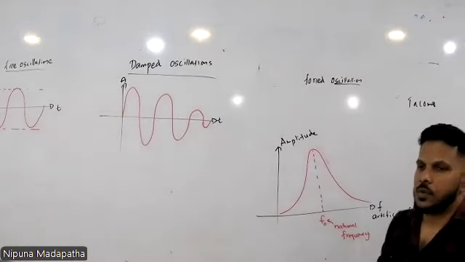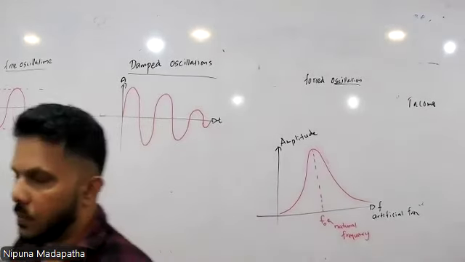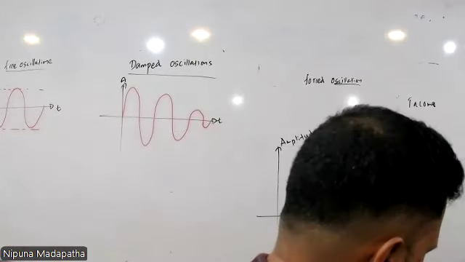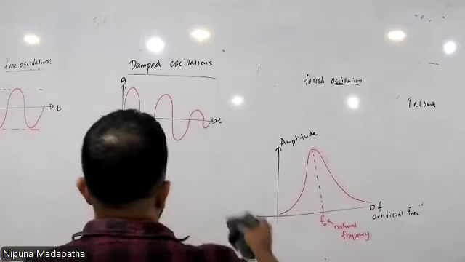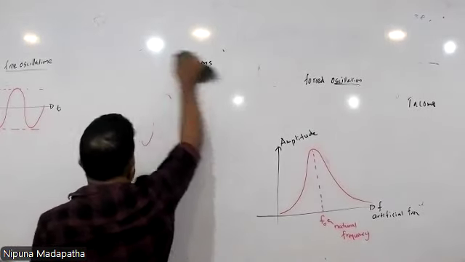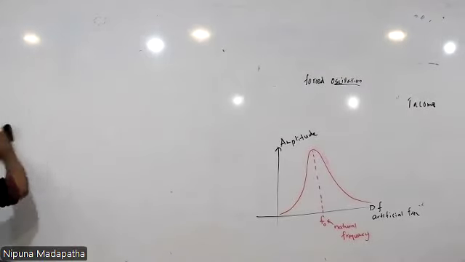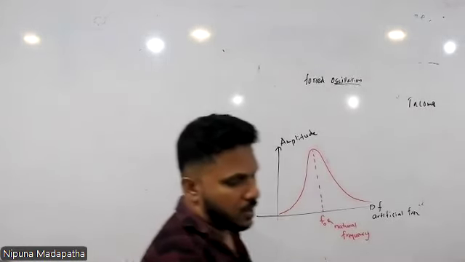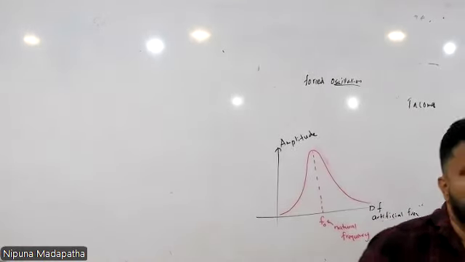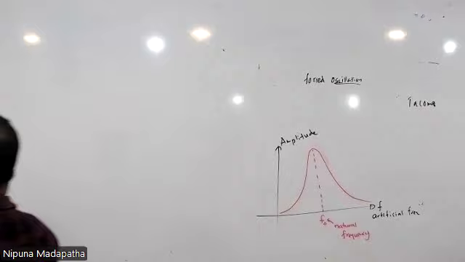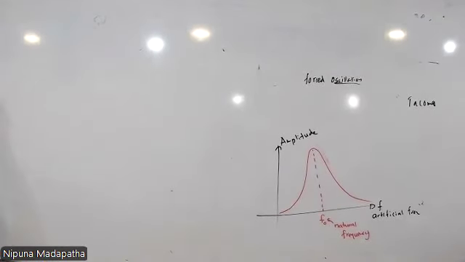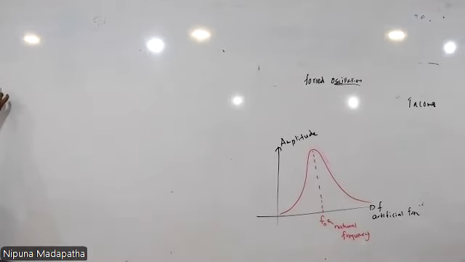The smallest natural frequency is called the fundamental frequency. The rest of the natural frequencies are overtones.